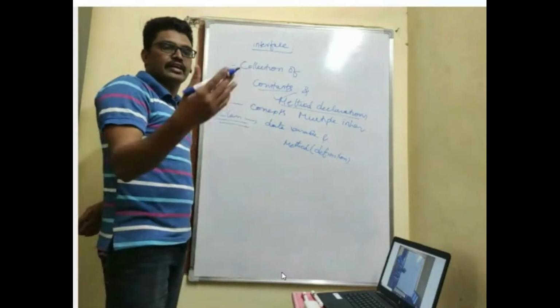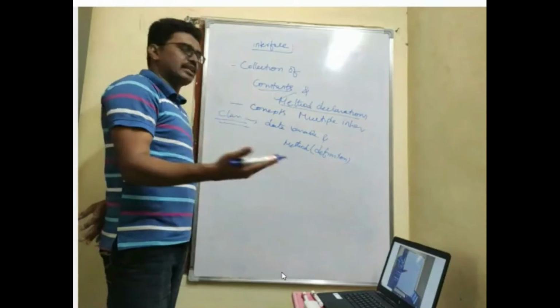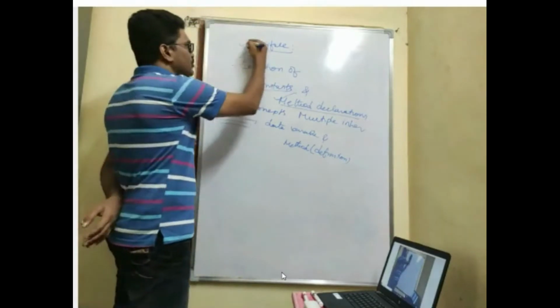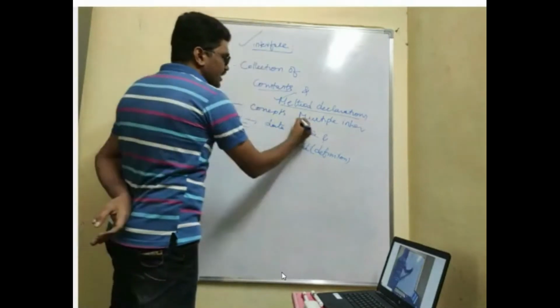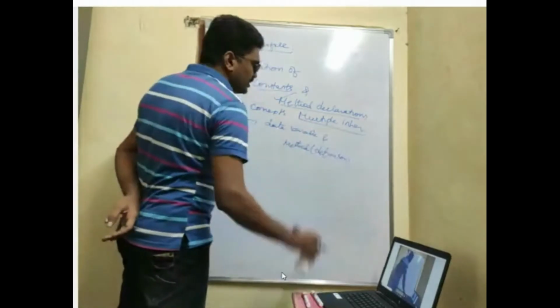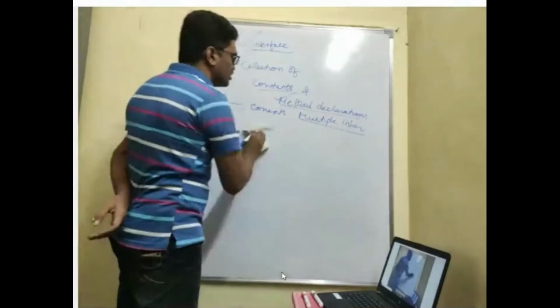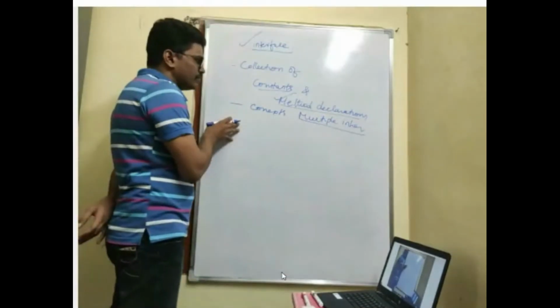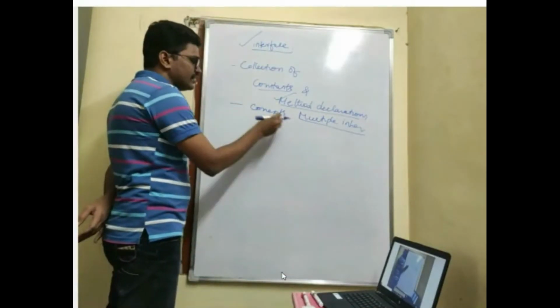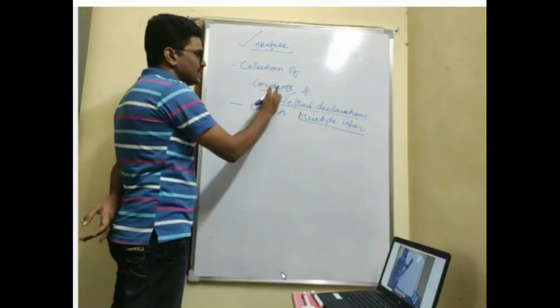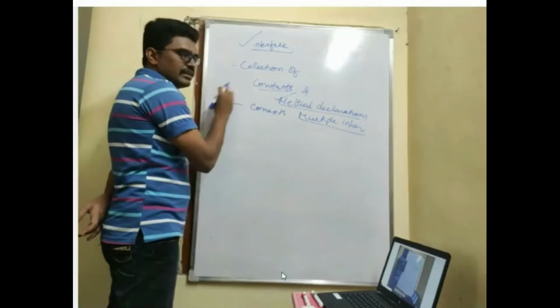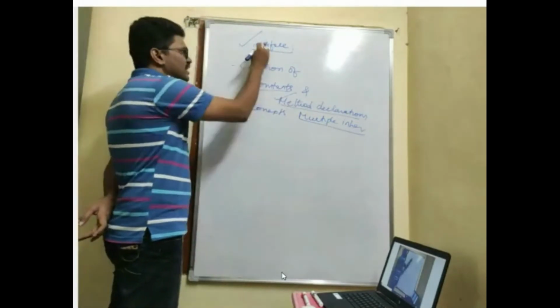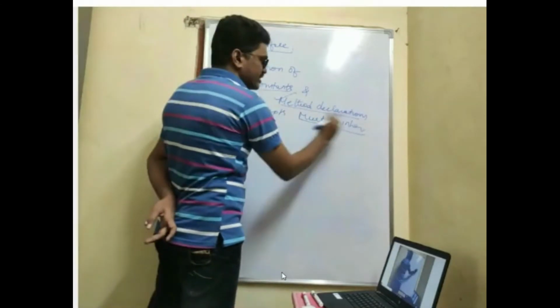The class cannot extend more than one. But by using the concept of interface, we can implement multiple inheritance. The very important thing to remember here is class contains variables, interface contains constants. Class contains method definitions, interface contains method declarations, not definitions.